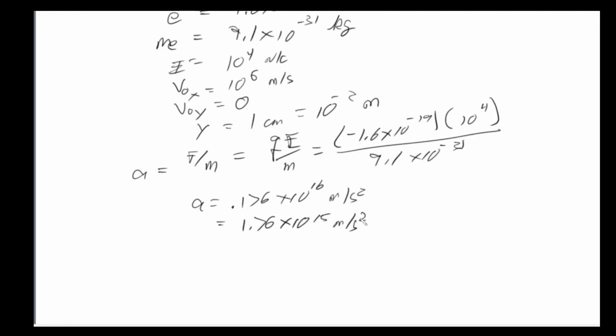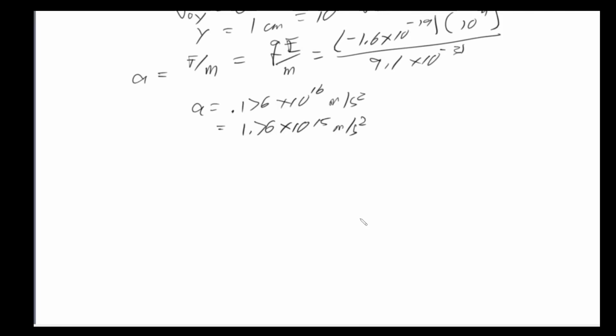Now that we know the acceleration, we can find the time it takes for the electron to go from the negative to the positive plate, because time is the common factor. So we can use the equation y equals v0 in the y direction times t plus 1/2 at squared.